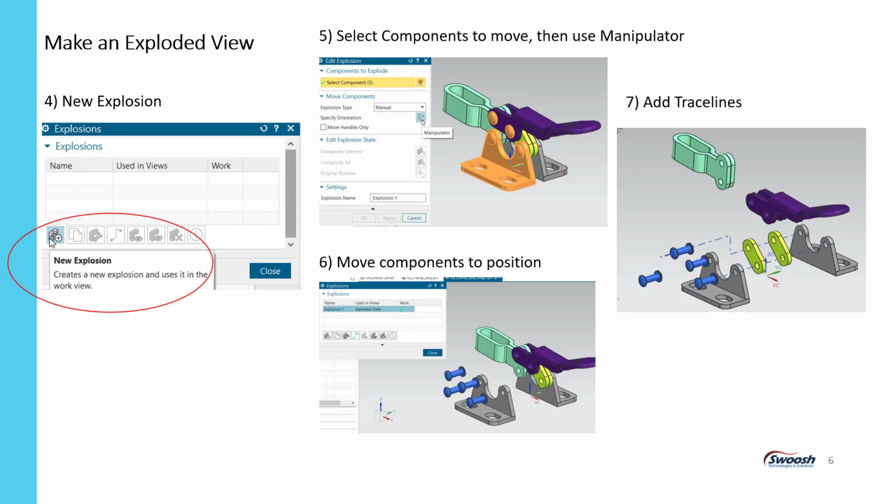Now, you're not limited to linear drags. You can move your parts anywhere on the screen and as many times as you want, which you start to see forming in step 6. Then lastly, once we have our parts in position, in step 7, we'll add trace lines.